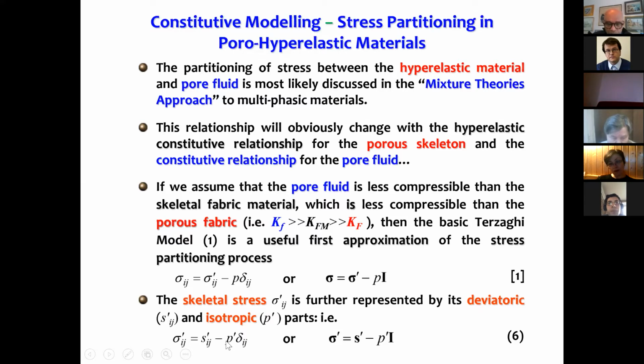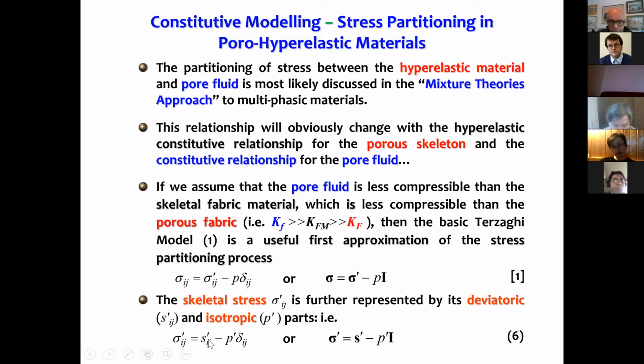So this is the isotropic part of the skeletal stress tensor, and this is the deviatoric part of the stress tensor. So these are two simplifications that we will use because it's much easier to work with in formulating problems.